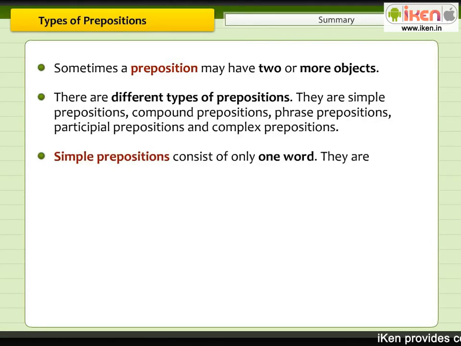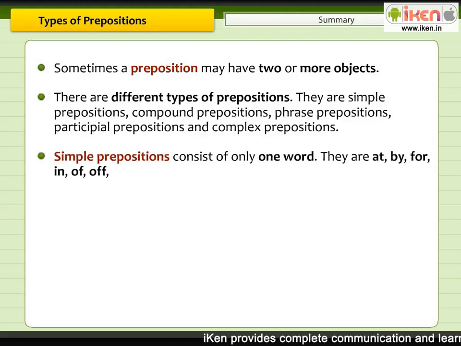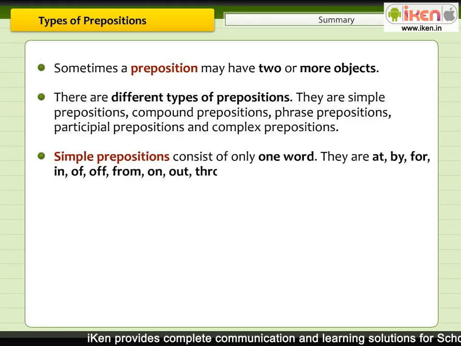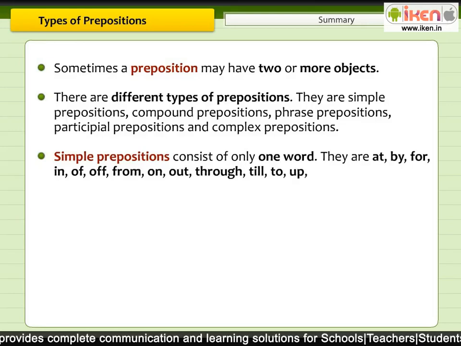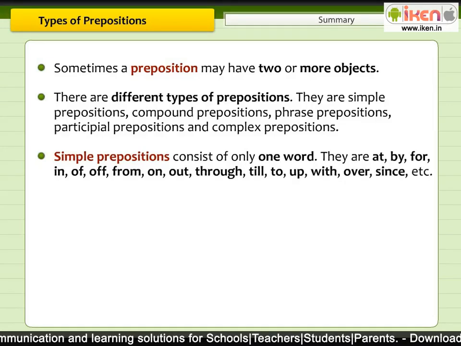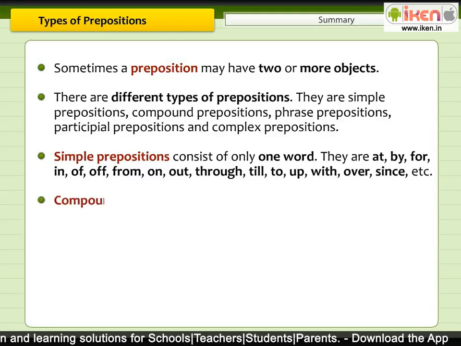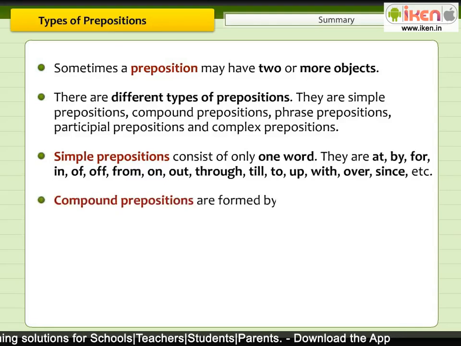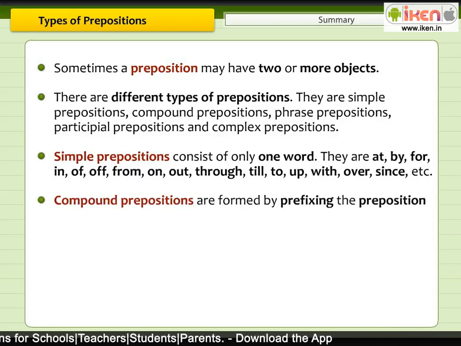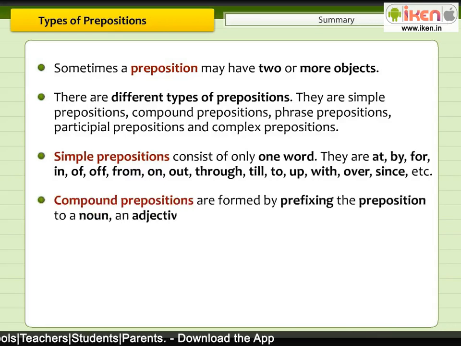They are at, by, for, in, of, from, on, out, through, till, to, up, with, over, since, etc. Compound prepositions are formed by prefixing the preposition to a noun, an adjective, or an adverb.